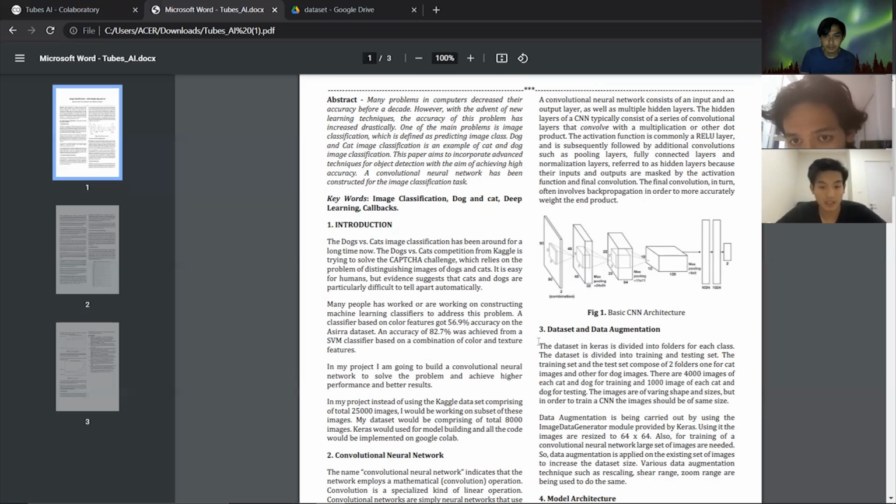The dataset and data augmentation. The dataset in Keras is divided into folders for each class. The dataset is divided into a training and a testing set. The training set and the test set are composed of two folders, one for cat images and another one for dog images.